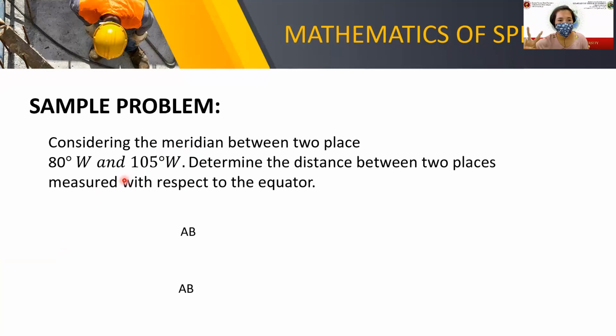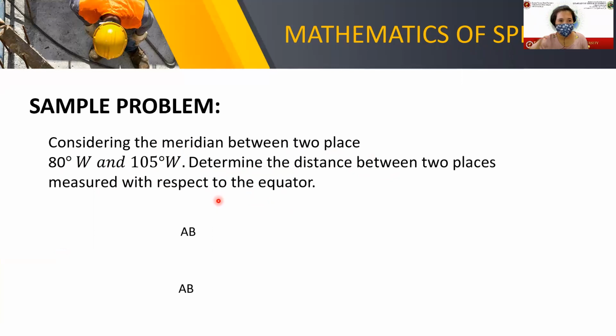So we have two points located in different meridians. The required is to determine the distance between the two places measured with respect to the equator.